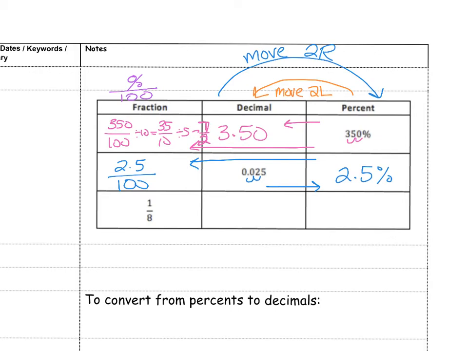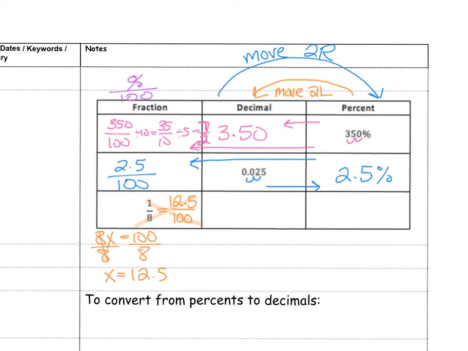We need to put 1/8 out of 100 because it always needs to be out of 100. And in order to easily do that, remember we just cross multiply to figure out what will go on top. So we have 8 times something equals 100 times 1, which is 100. So when we divide by 8, we end up with x equaling 12.5. So 1/8 is really 12.5 out of 100.